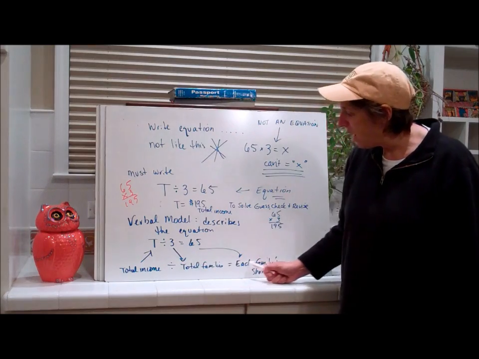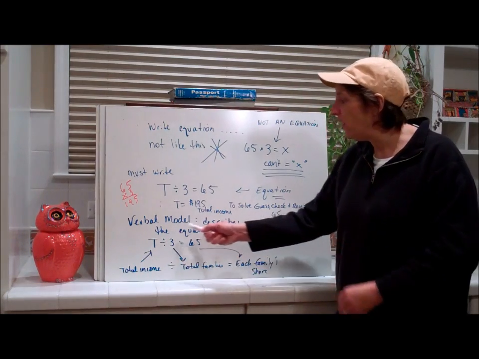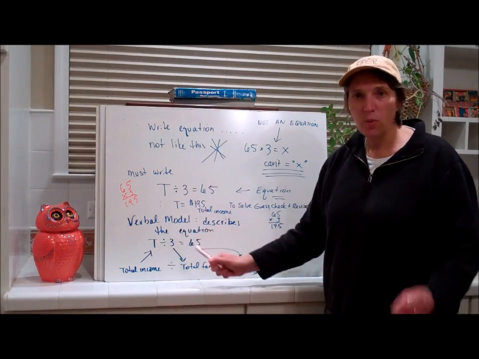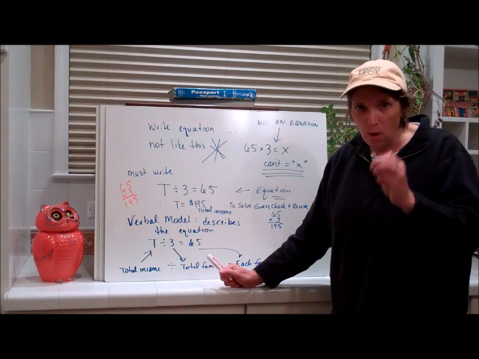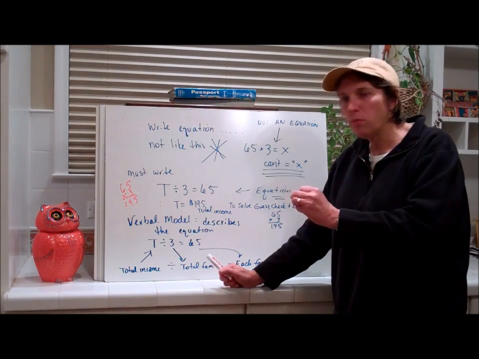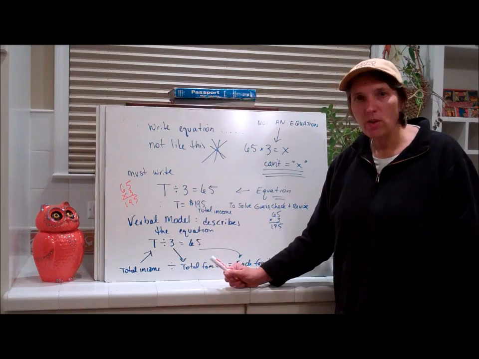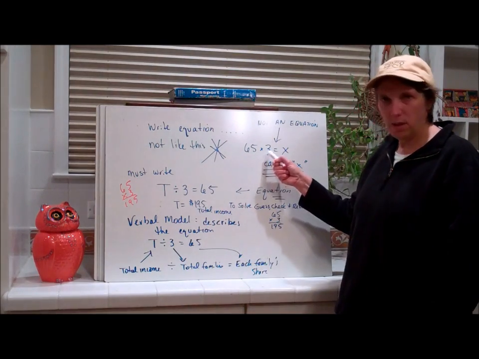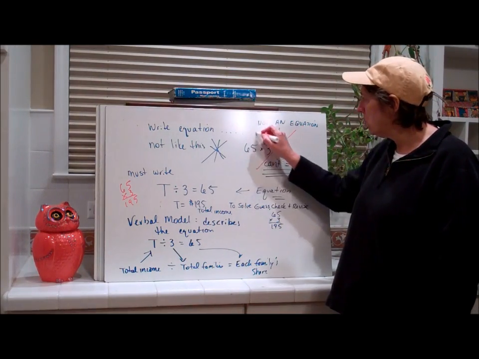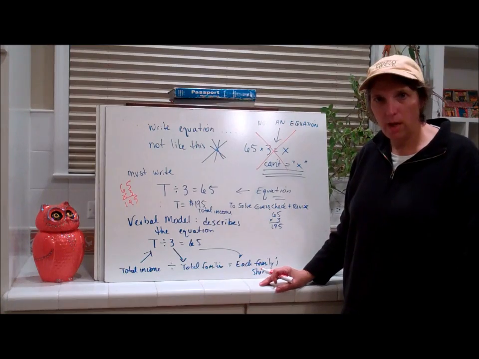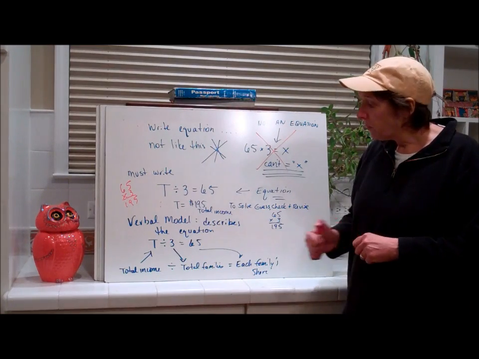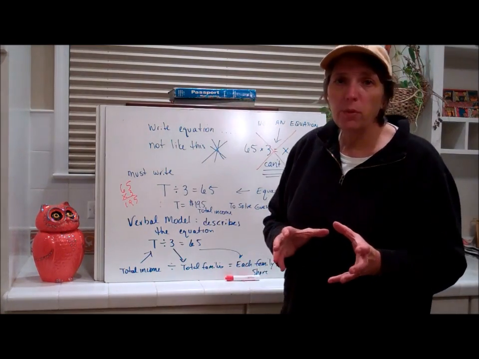That is a verbal model that tells us what the equation stands for, each part. What does each part stand for in the word problem? This is the equation. This is not an equation. Don't do this.